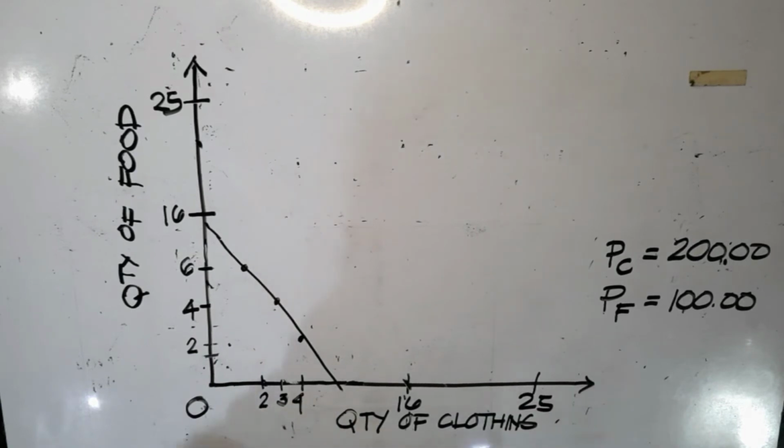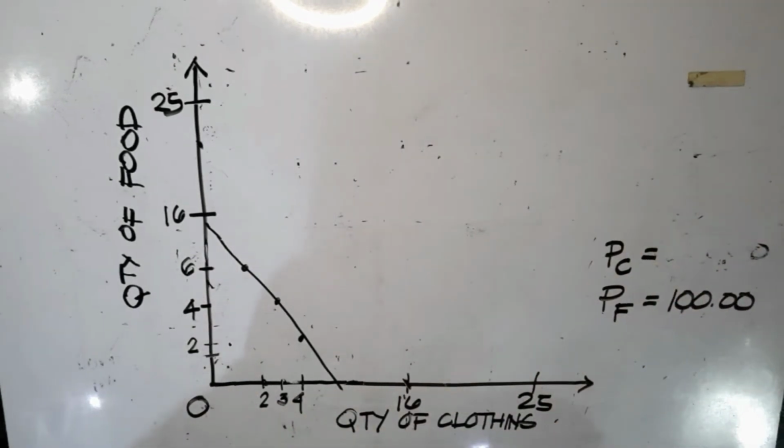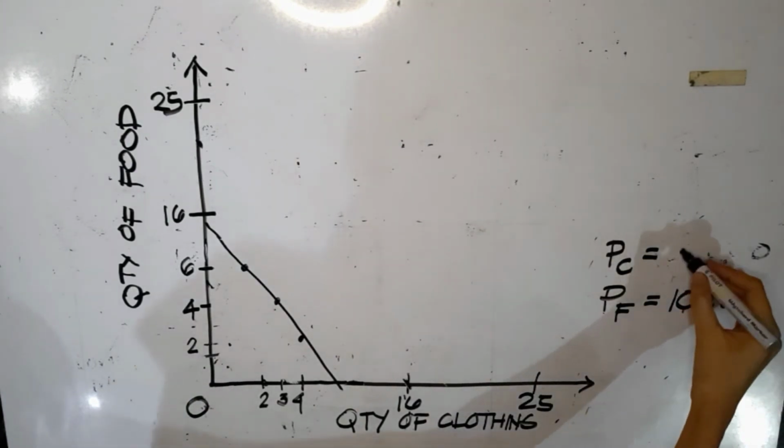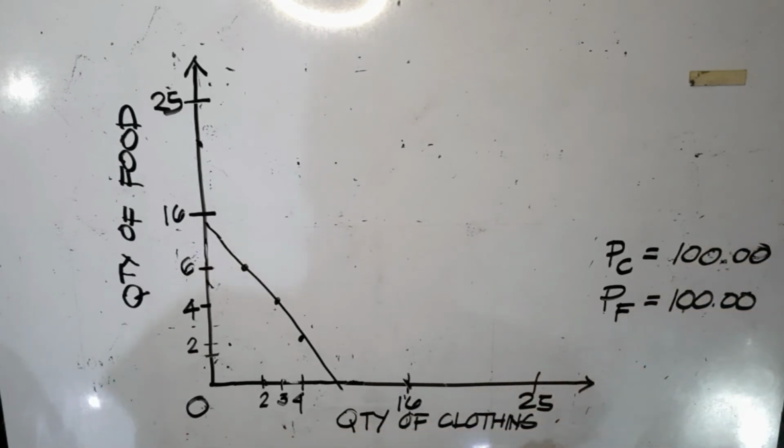Okay, so let's say nagmura si clothing, naging 100 pesos na siya. Mura na mura. So what are those possible combination that still pasok sa budget na 1,000 pesos?